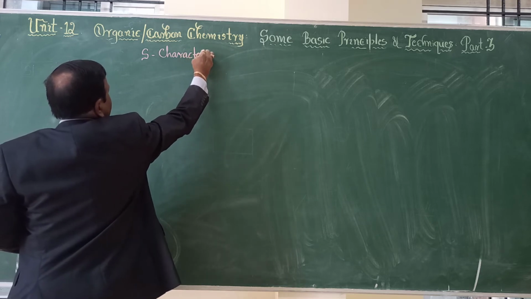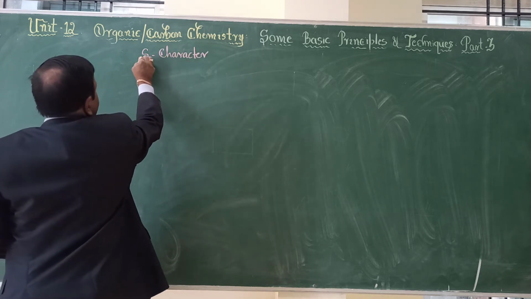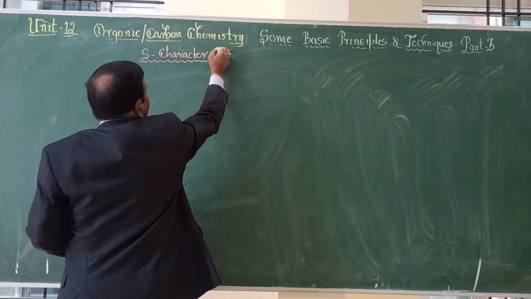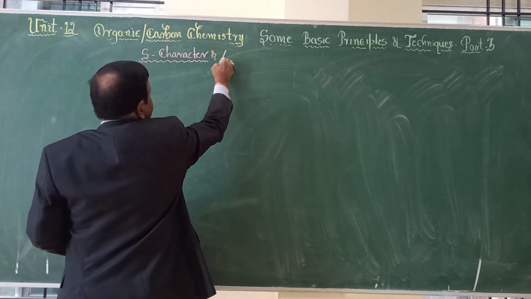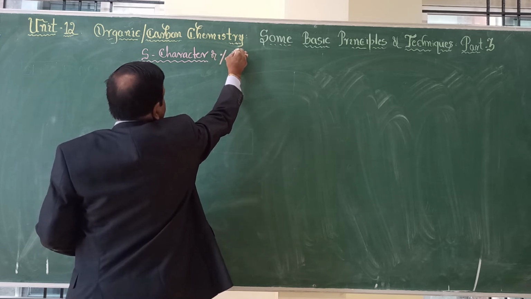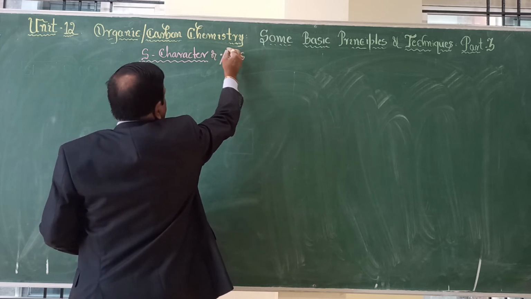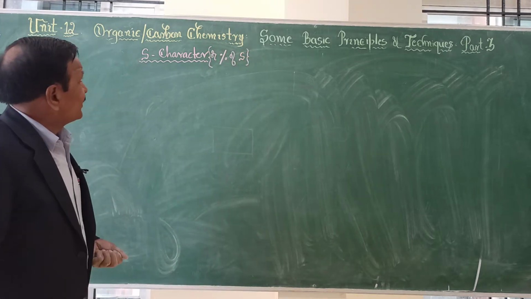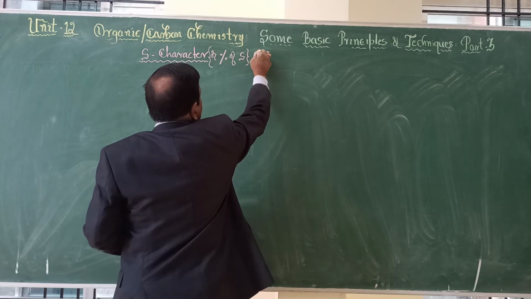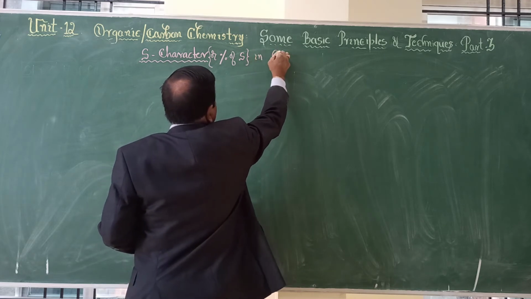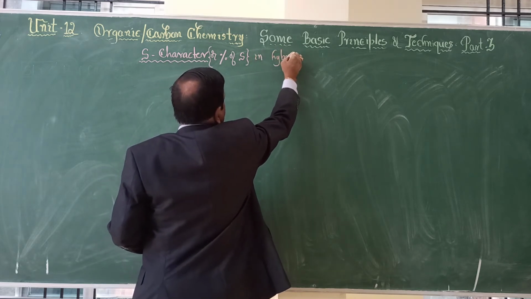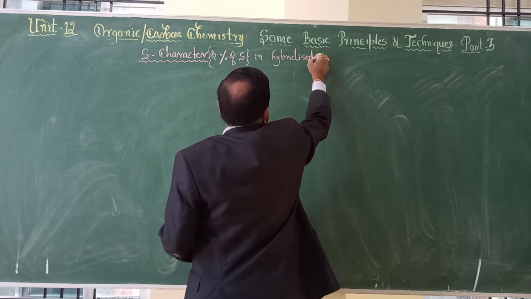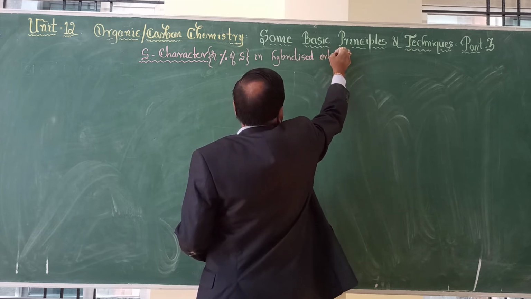S character means percentage of S, whatever you want to call it. S character is the percentage of S in hybridized orbitals.